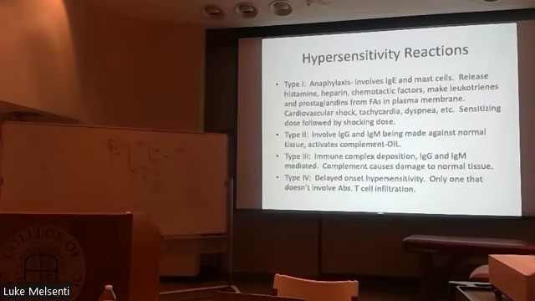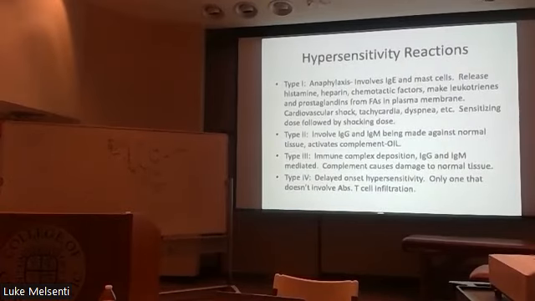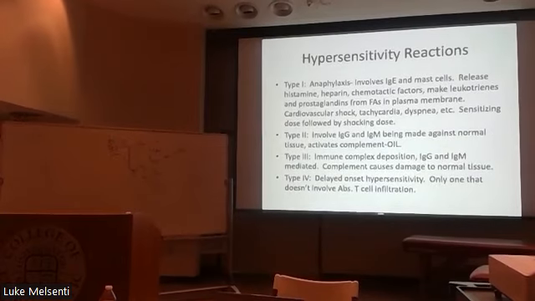Okay? Type 2 hypersensitivity reaction. Now, both type 2 and type 3 involve IgG and IgM. But the difference is, in type 2, you're actually making the IgG and IgM against a normal tissue, which then is going to activate complement and you get opsonization, inflammation, and lysis. Type 3 is where your immune complexes get deposited in normal tissue.